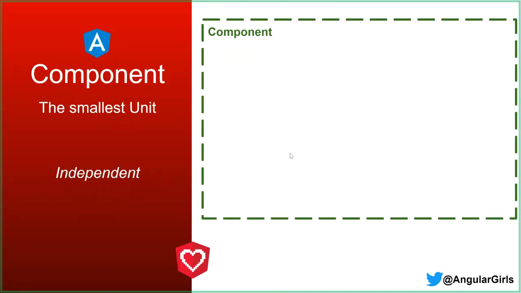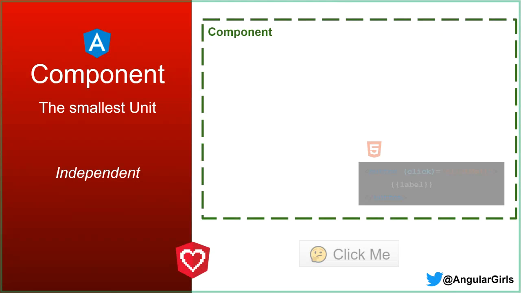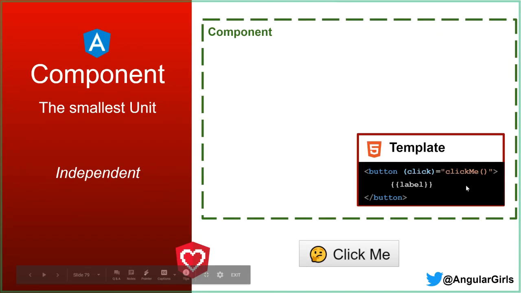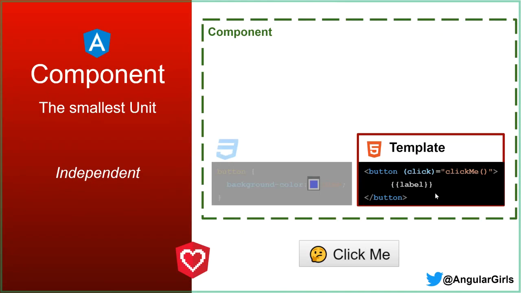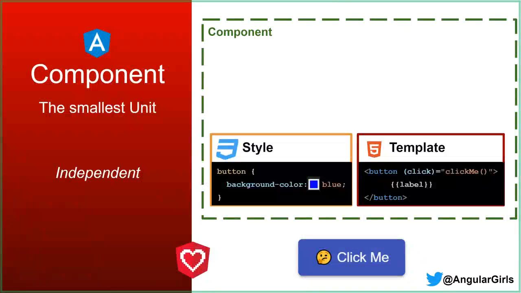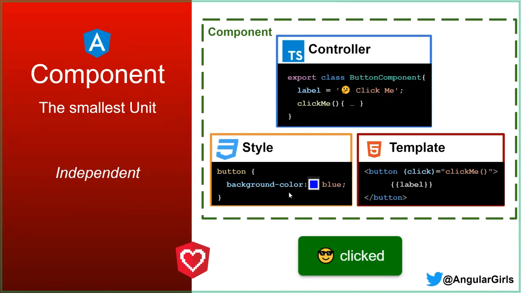If you look at our component, you will see also tomorrow in the Angular environment, you have this HTML, the button with the click me function, which looks like nothing. Then you style it in a more beautiful way, for example, with the background color blue and some more styles. And then you have the controller, the functionality.